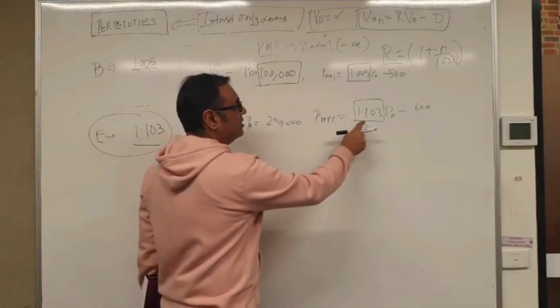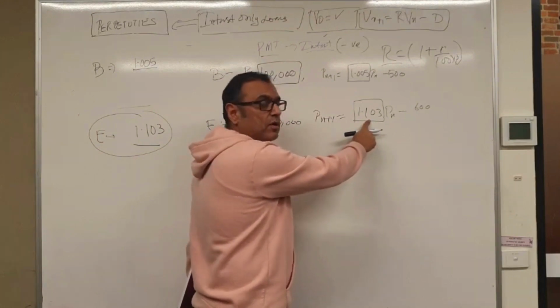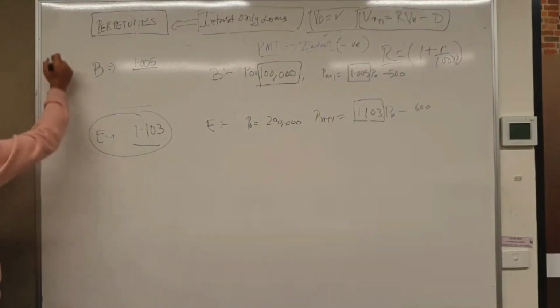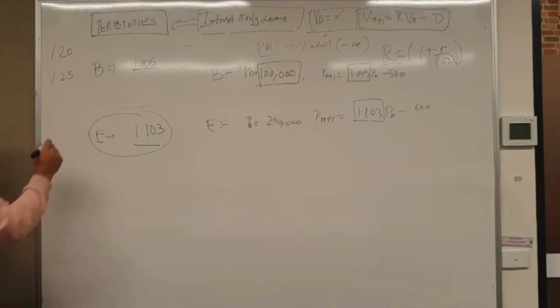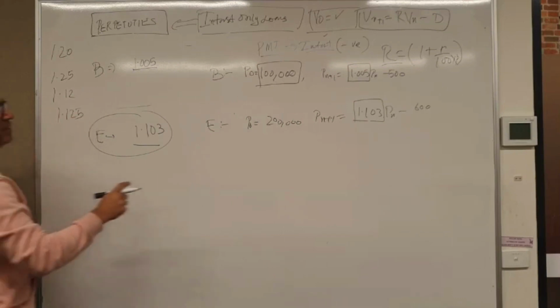This is 10.3. Guys, if I have 20%, it can be written as 1.20. 25%, 1.25. 12%, 1.12. 12.5%, 1.125.